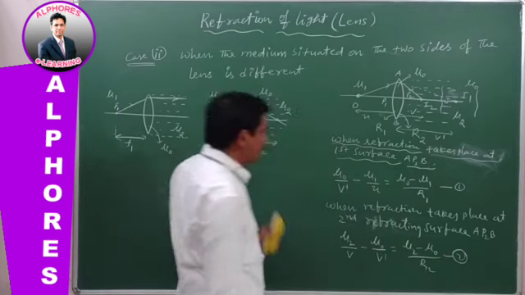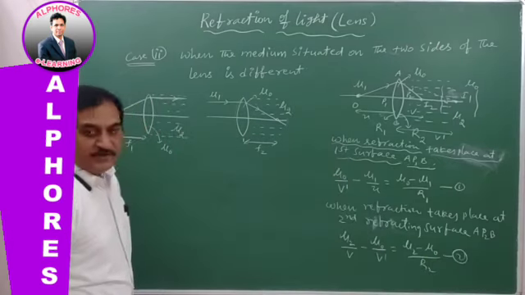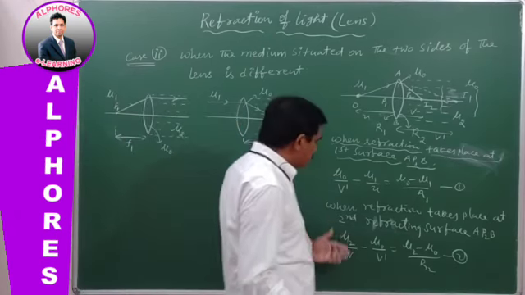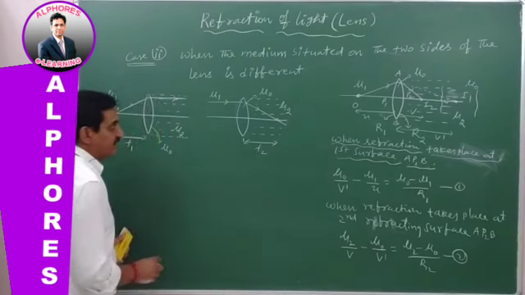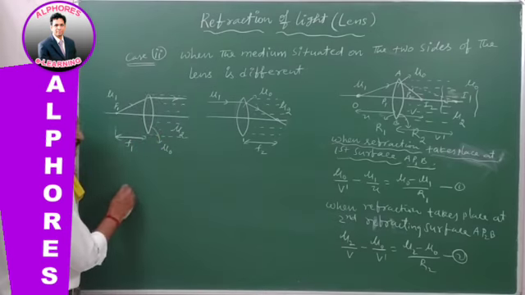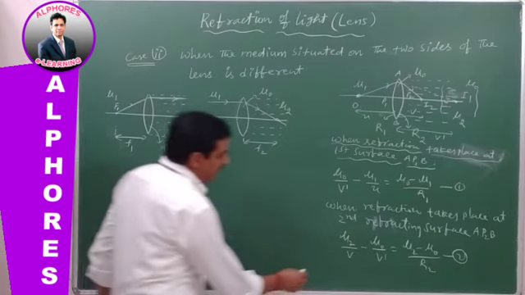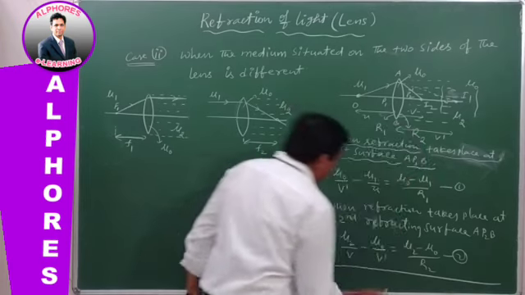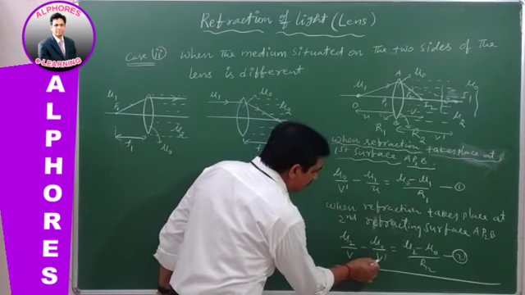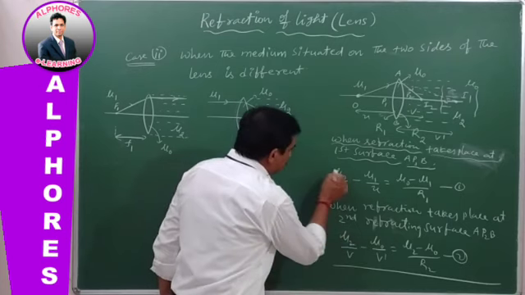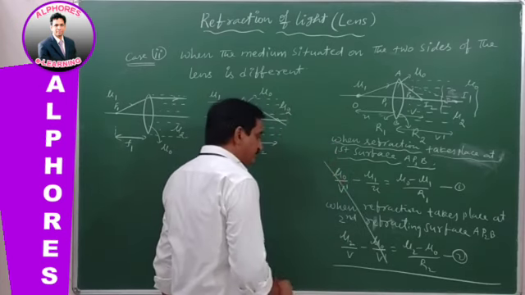This is equation 2. So for this lens, when adding these two, you will get a resultant equation. So what do you find here? By adding these two, directly we can say this is mu naught by V dash minus, so these two get cancelled directly.